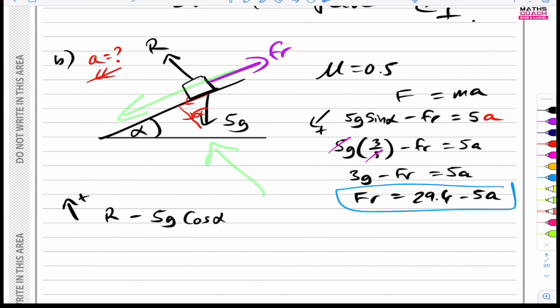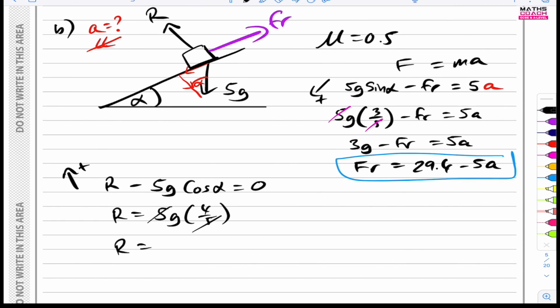So it's going to be 0 still. So you're going to have R is equal to 5g, again cos is 4 over 5. 5s cancel. So it's going to be R is equal to 4g. Okay, 4g is 9.8 times 4. So that's 39.2 newtons. There you go.